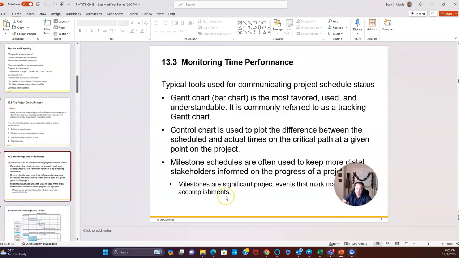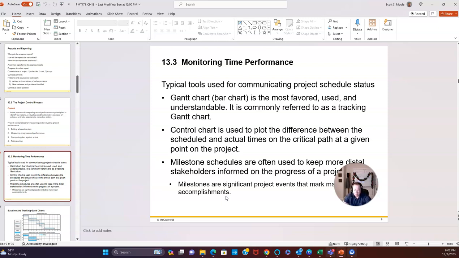Okay. So a lot of times the tool you use to monitor a project and the costs, the schedule, is really the Gantt chart. The Gantt chart you built out in week 4 is typically the base tool you use to see how you are progressing within a project.